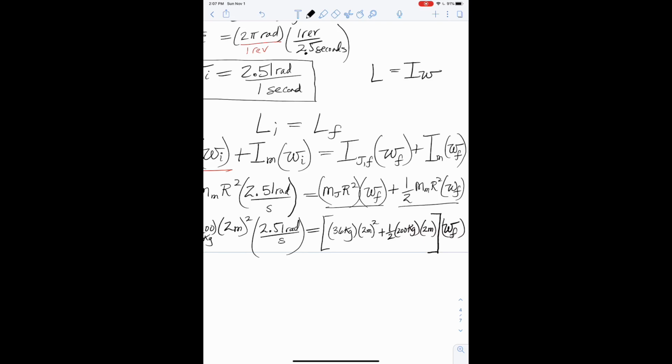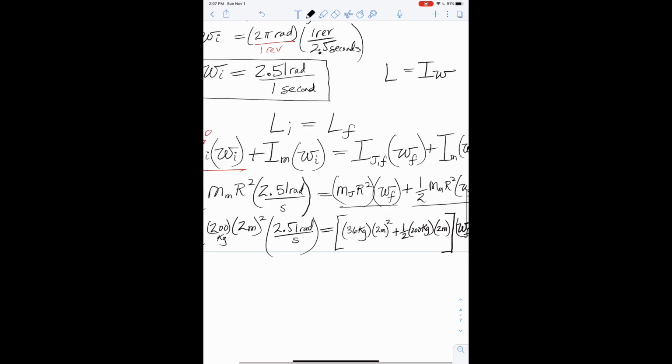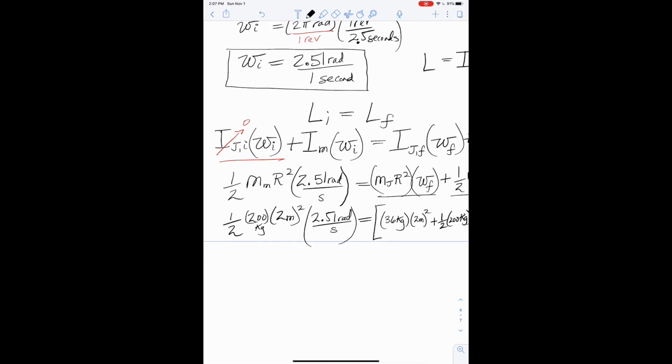All right, so anyways, let's do a little math here and make this easier to look at. On this left side, I think we're going to end up getting about 400, and multiplying that by 2.51.